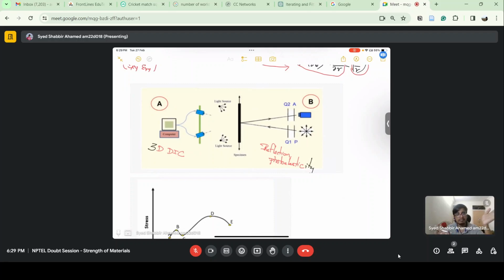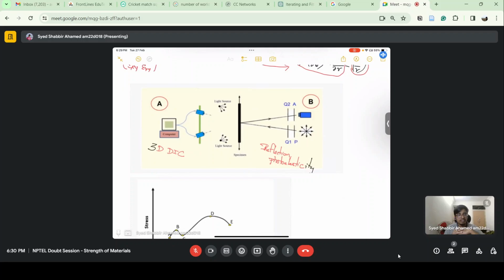Then we discussed what strain is, how the concepts related to strain are defined, then the state of strain in polar as well as rectangular coordinates, and then how we are going to measure strain.